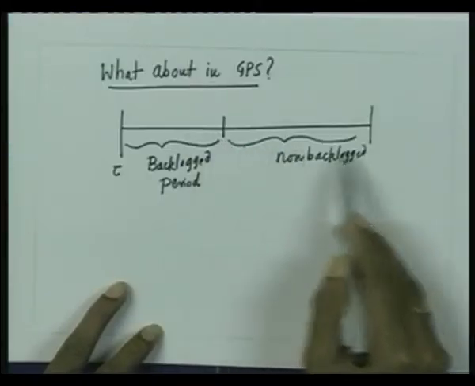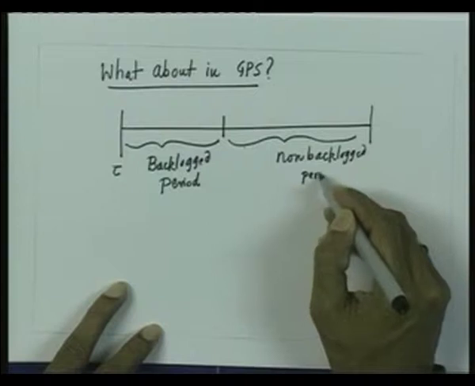Now as we had asked this question, what about the fluid flow fair queuing algorithm or the GPS server? We see that in the GPS server, the session will either be in the backlogged period or in the non-backlogged period.